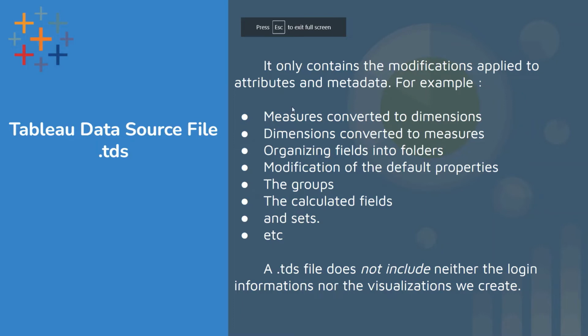Here we can see that Tableau says that a .tds file contains the modifications applied to the attributes and metadata. For example, the conversions of a measure to dimensions and vice versa, the organization of the fields into folders, the modification of the default properties, the groups, the calculated fields and sets that we create, etc., can all be saved under a .tds file.